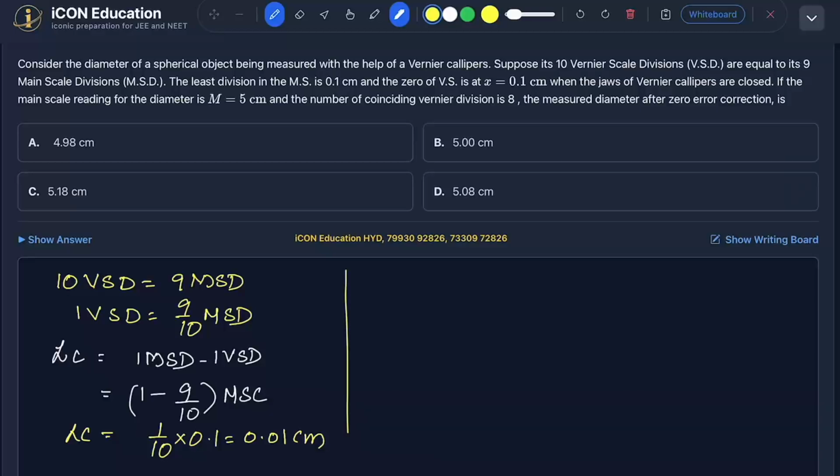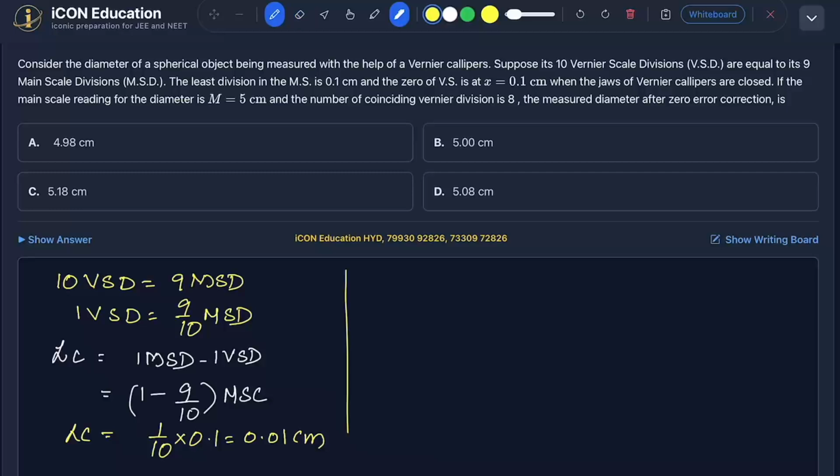Okay. Now what they are asking, we have to find this actual reading. Here they have given reading showing is 5 centimeter, and the vernier scale coincidence is 8, and one more zero of vernier scale, here it is a 0.1.